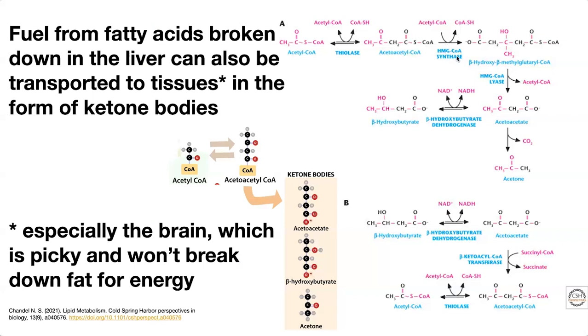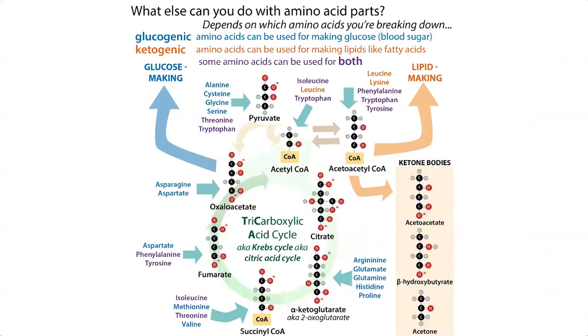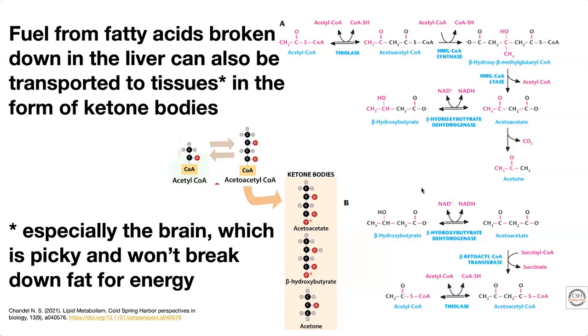And so HMG-CoA synthase is actually a target of statin medications for controlling blood cholesterol. But it's also an important step here for producing these ketone bodies. These ketone bodies can then be transported from the liver to tissues like the brain in order for the brain to then use them, assuming that it has the tricarboxylic acid components still in order to do so.